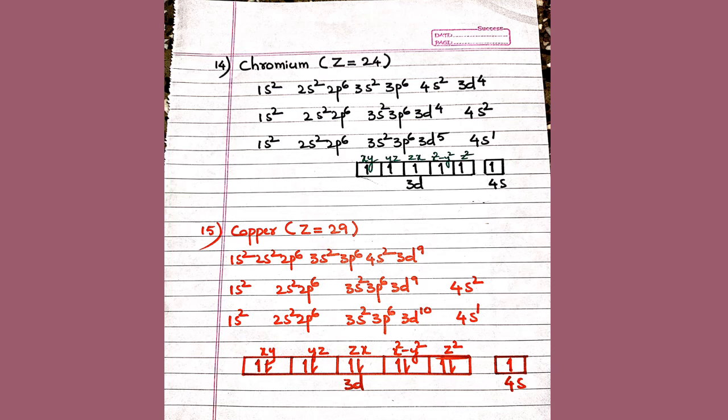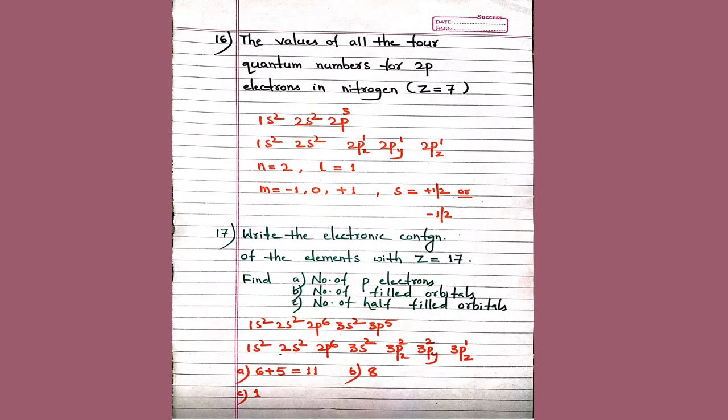Now, what are the values of all the four quantum numbers for 2p? This is the 2p orbital, n equal to 2. For p, what is the l value? l value is 1. And for the 2p, how many orientations? There are 3 orientations: px, py, pz. m values are -1, 0, +1.